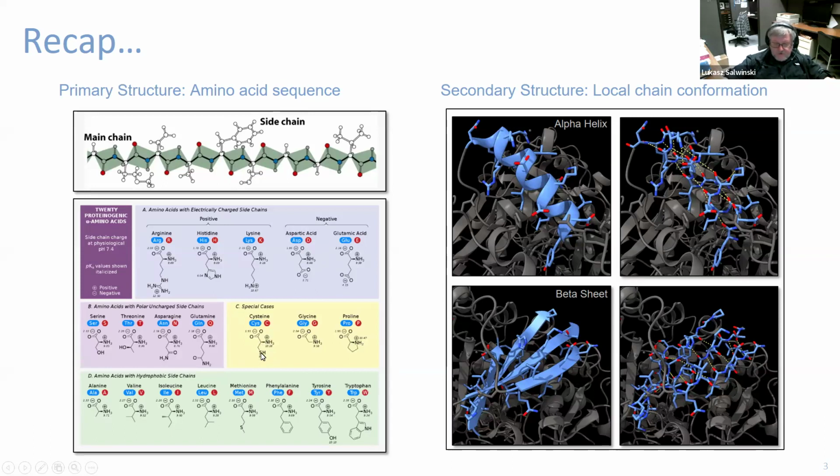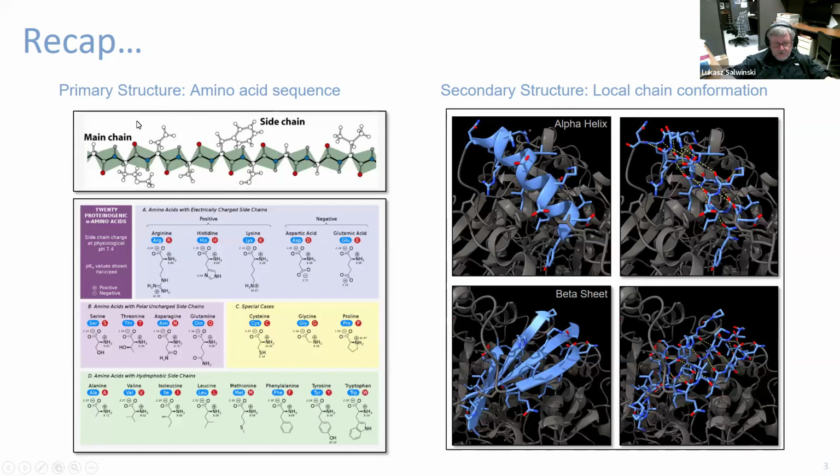Among others, SH groups can form disulfide bonds. They can make connections between side chains within the same or adjacent protein chains. And then there is an amino acid that's missing a side chain. It has just a hydrogen in place of anything bigger. And then there's a residue where the side chain actually bends back onto the backbone, so it forms a ring.